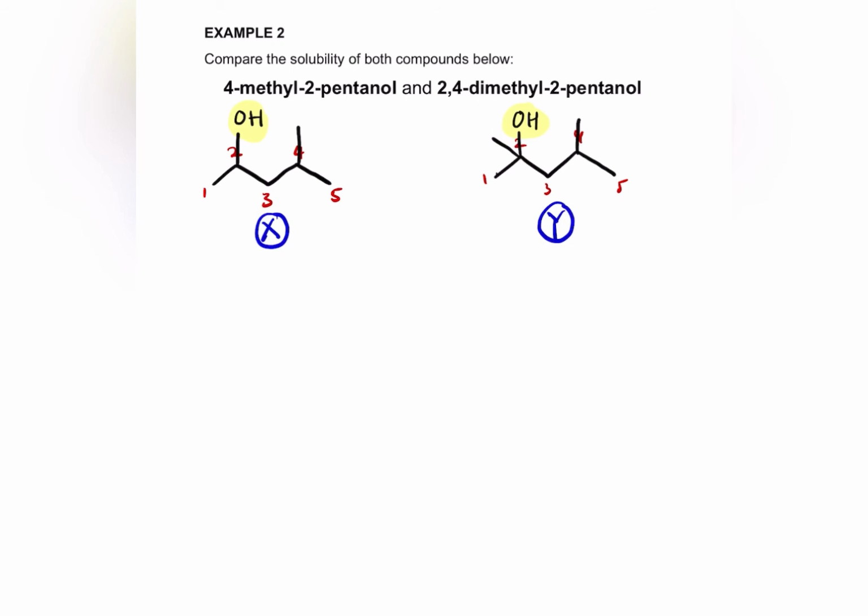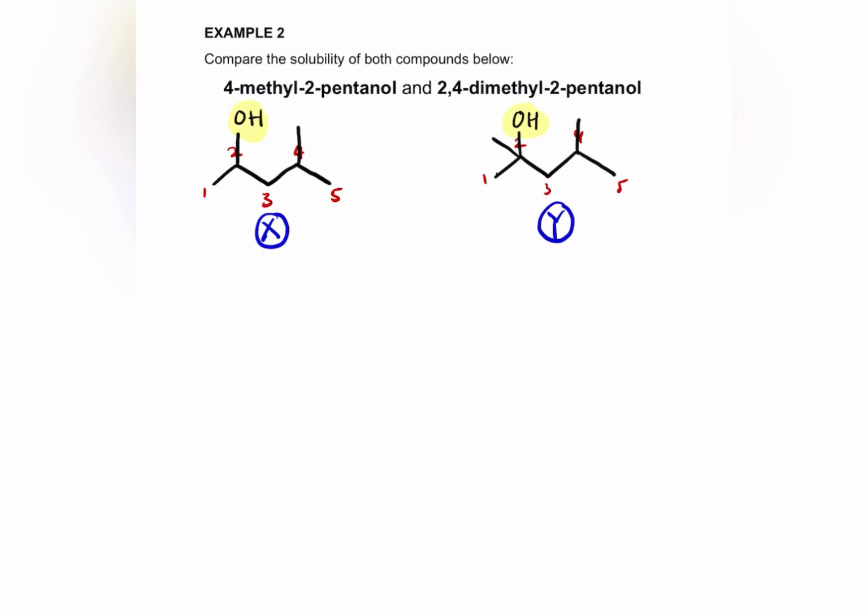No. Now we are going to focus on the next factor, which is the molecular weight or the size of the molecules. The molecular weight depends on the number of carbon atoms in your structure. So you are going to calculate all of the carbon atoms, including the parent chain and the substituents.